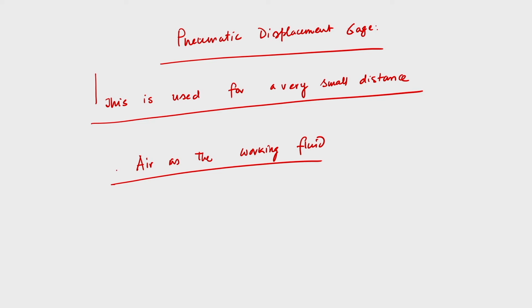While using air to measure small distances with the pneumatic displacement gauge, we treat air as an incompressible fluid. This is an assumption, but its validity can be found in many textbooks, such as Holman or classical fluid mechanics textbooks. So air is taken here as an incompressible fluid.